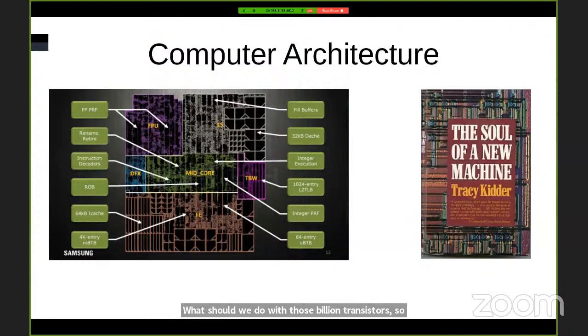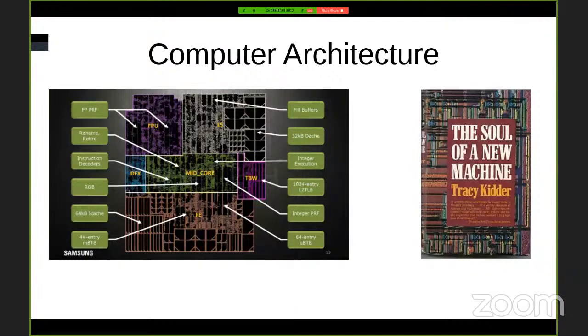So in front of you is what we call a floor plan for a chip. And this is a Samsung Exynos chip. So it's a chip that you'll find in your mobile phones. And it looks very much like the floor plan of a house, right? So you have one part of it at the top left corner marked FPU, which is the floating point unit, where you perform all your scientific calculations.